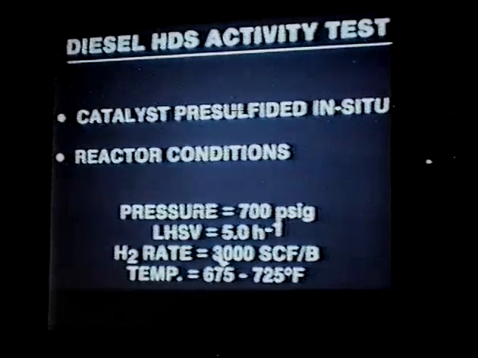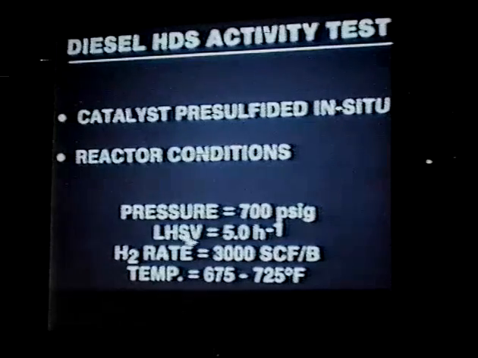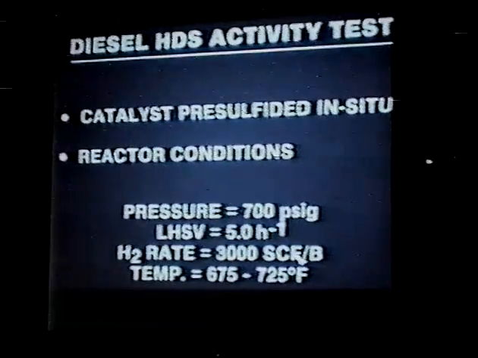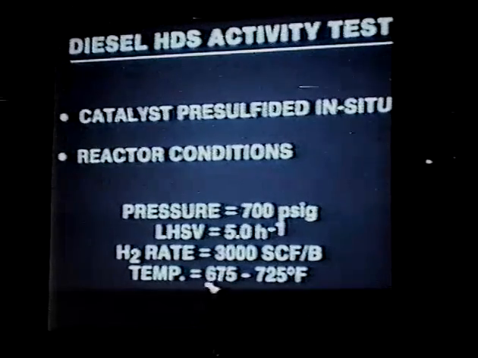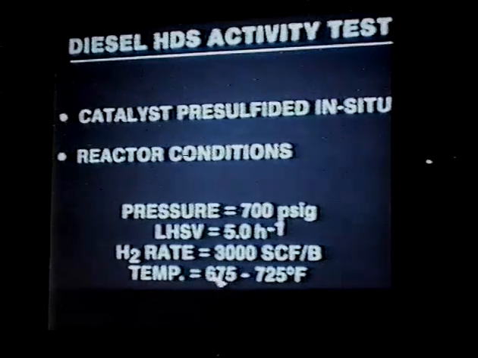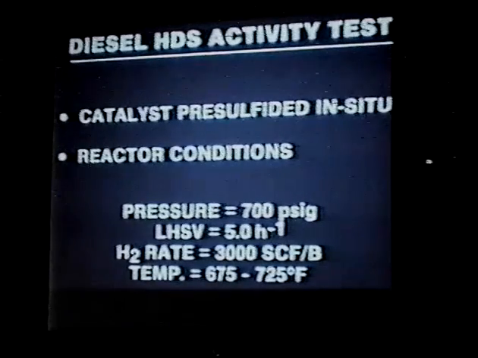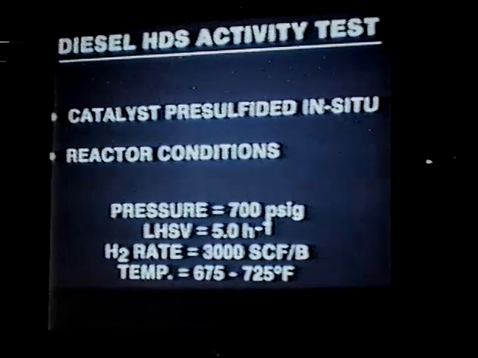But the hydrogen rate in units that the oil industry uses was 3,000 standard cubic feet per barrel. And the temperatures that were used ranged between 675 and 725 degrees, so that my friend could get the kinetic data that he wanted.